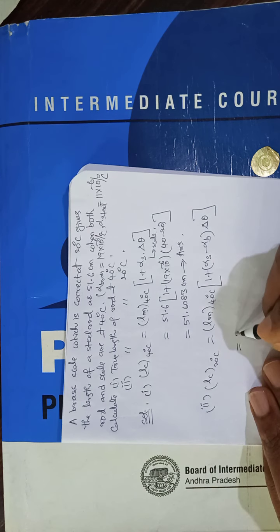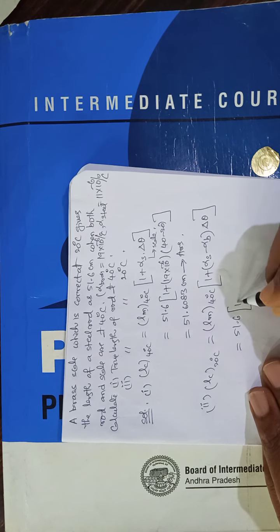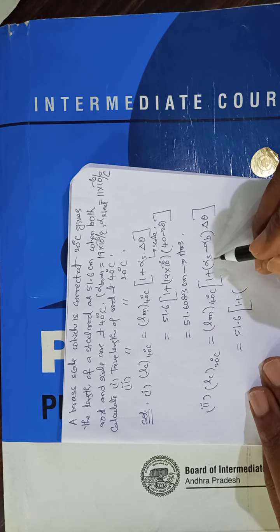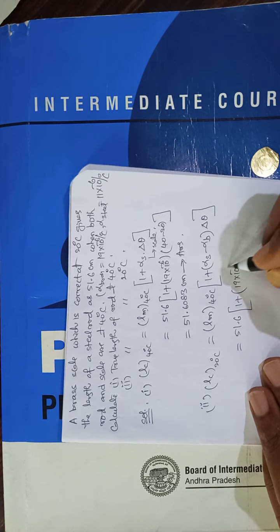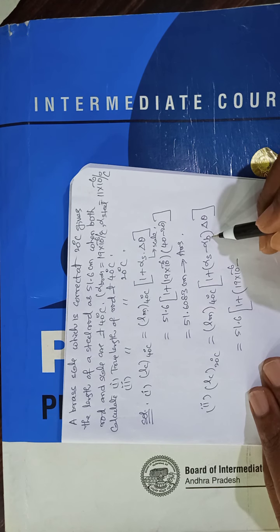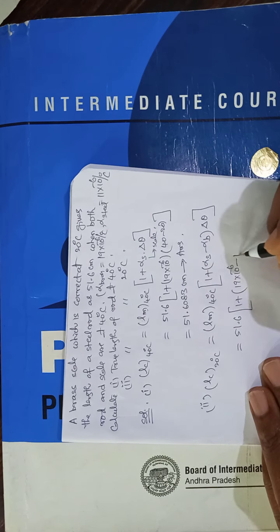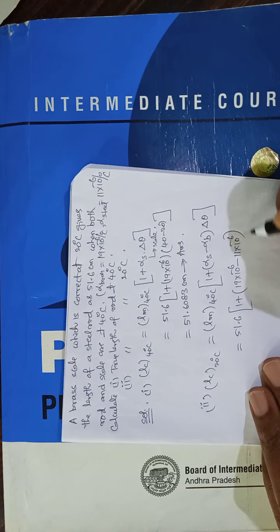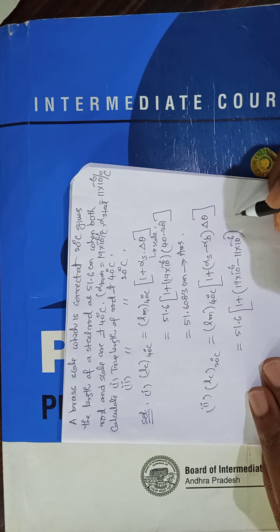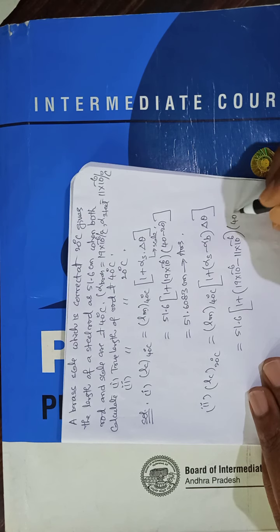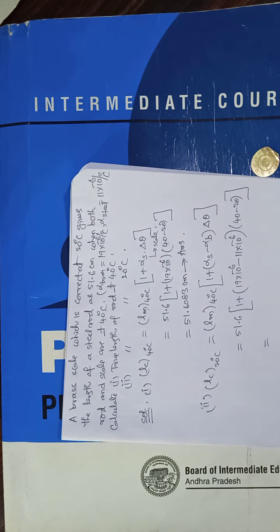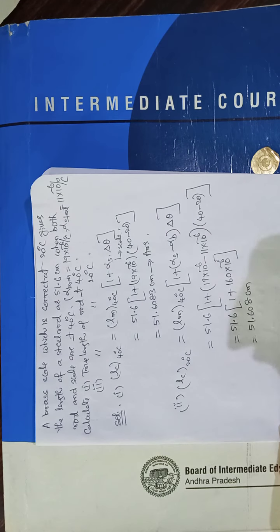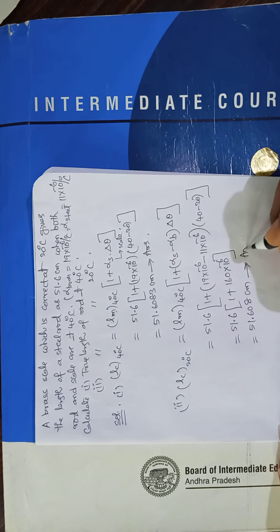The measured length at 40 degrees is 51.6. The scale is made of brass, the body is a steel rod with its steel alpha value, and the change in temperature is 40 minus 20. So we get this much answer.